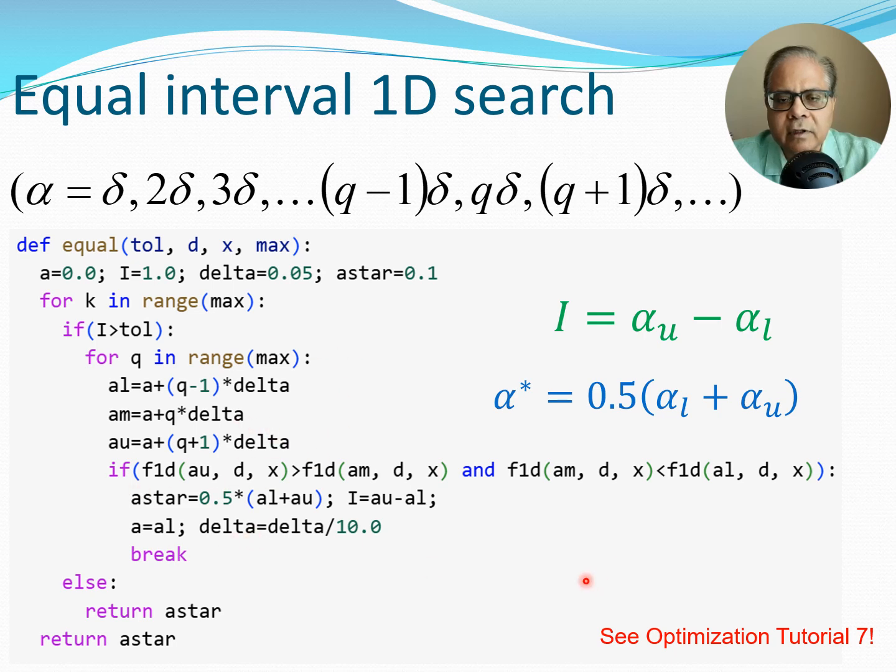And then we finally calculate a star. We calculate the value using these two formulas, and then each time I divide delta by 10. That essentially helps me return a decent value of the optimal point of A. Again, optimization tutorial 7 gives you more detail on this equal interval search.